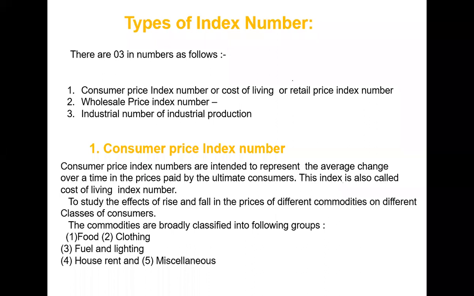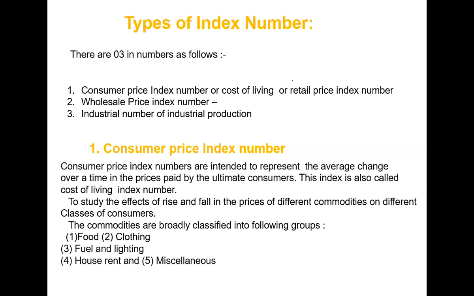Good. It is used to study the effects of rise and fall in prices of different commodities on different classes of consumers, okay? Commodities are classified into food, clothing, energy, rent, and so on. So in Ghana, you see there are different classifications that are made. Even food items, I think now they are breaking them down.